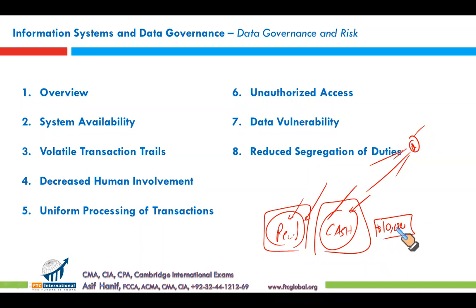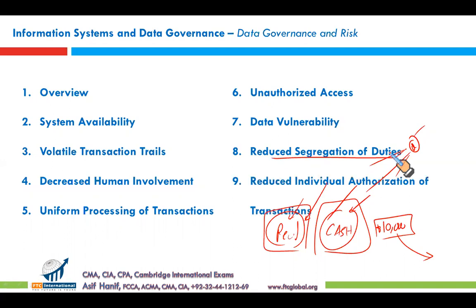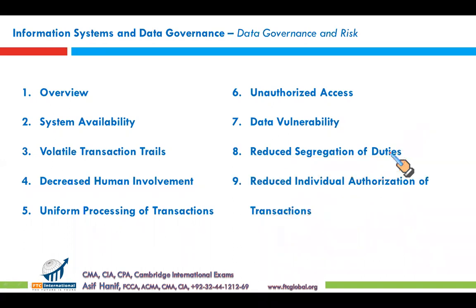This is the limit. His supervisor will come, take the cash away, and then he can start generating entries for the customers who buy goods from that store, right? So there would be reduction in segregation of duties, but still you need to make some complementary controls, some compensating controls to make sure that things remain within control.